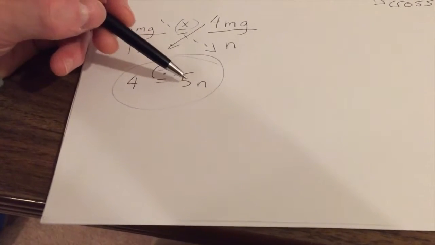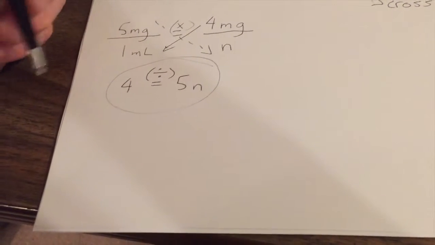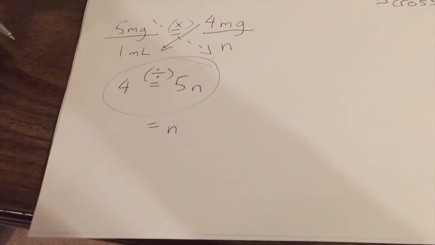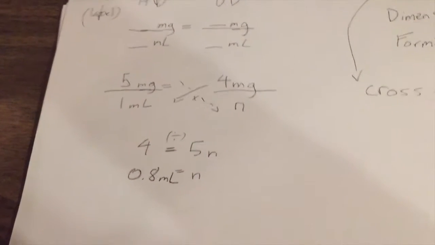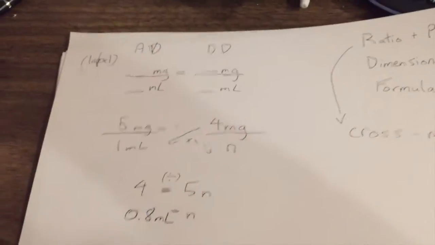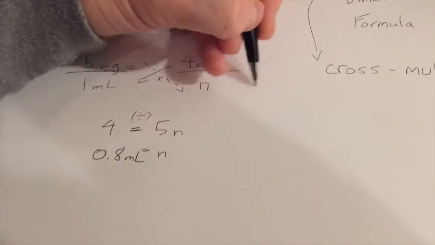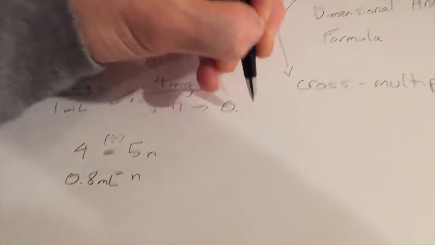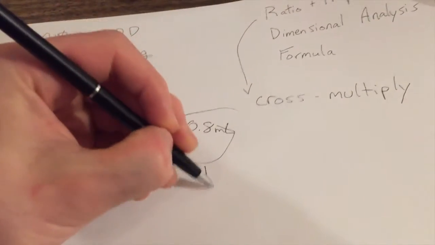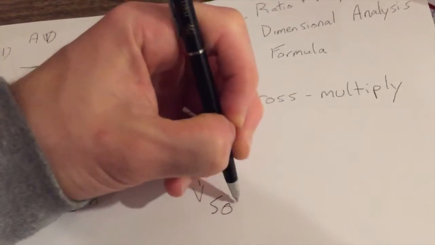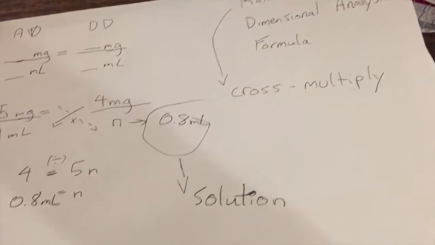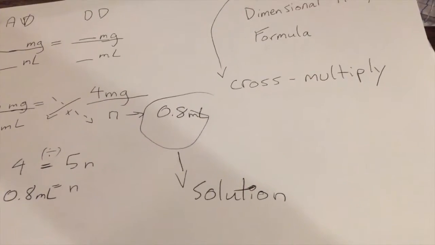So 4 divided by 5 is, well, I need a calculator to figure that out. Okay, I calculated it. It's 0.8 milliliters. So that is how much you will give to your patient. And you're going to probably take this amount and mix it in a solution, which will be given slowly via IV to your patient.